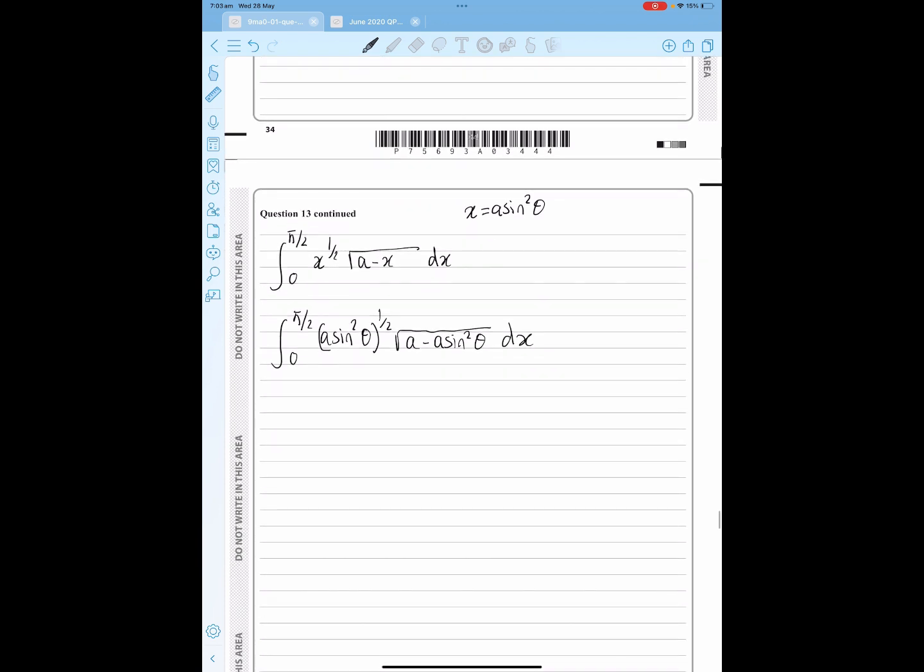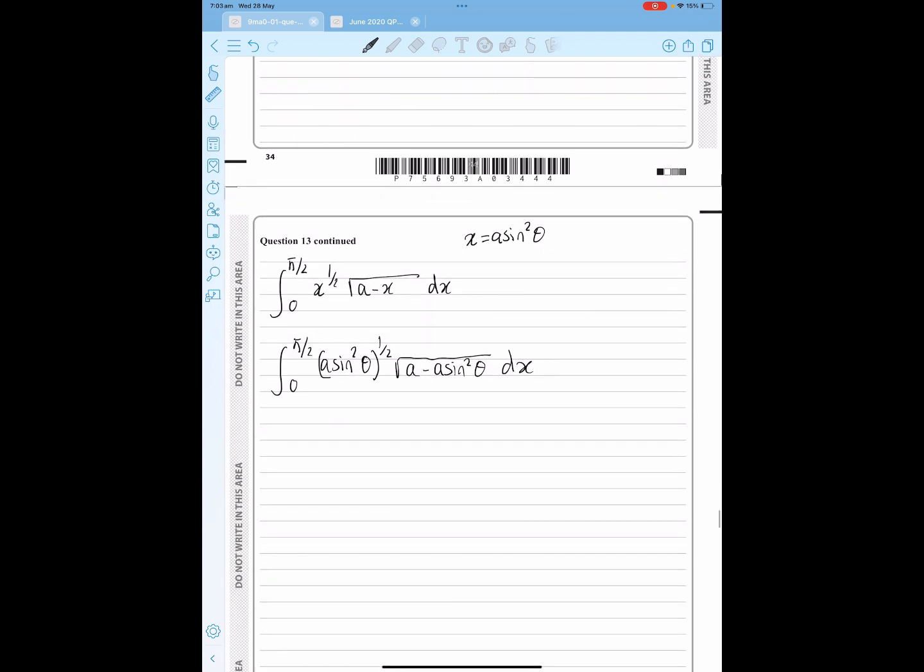Now let's first get rid of our dx. Let's differentiate our substitution to make it in terms of d theta. We get dx over d theta equals 2a sine theta cos theta. Let me double check, is that right? Yep. And then dx is 2a sine theta cos theta d theta.